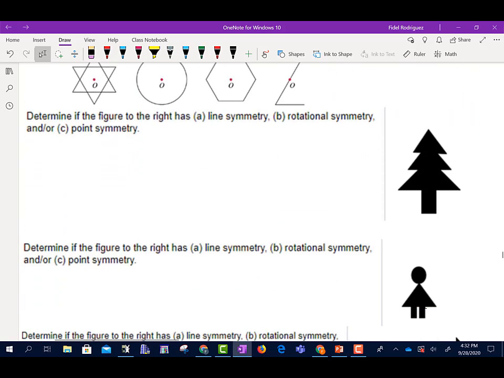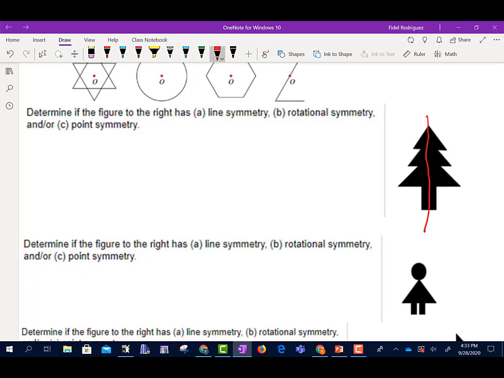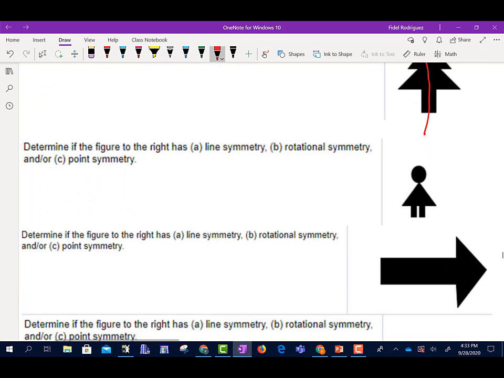All right, it says determine if the figure to the right has line symmetry, rotational symmetry, and/or point symmetry. Okay, so I would definitely say this one has line symmetry there. Doesn't look like it's going to have rotational symmetry. This one here, I would say is also going to have line symmetry right about there. This next one, also line symmetry right there.